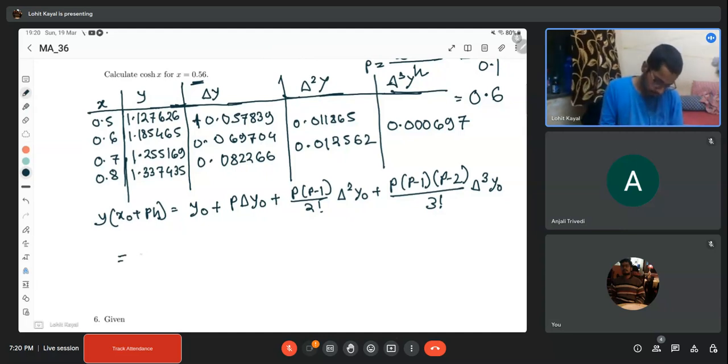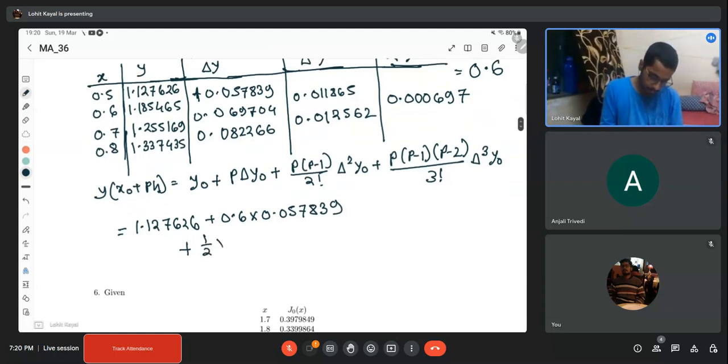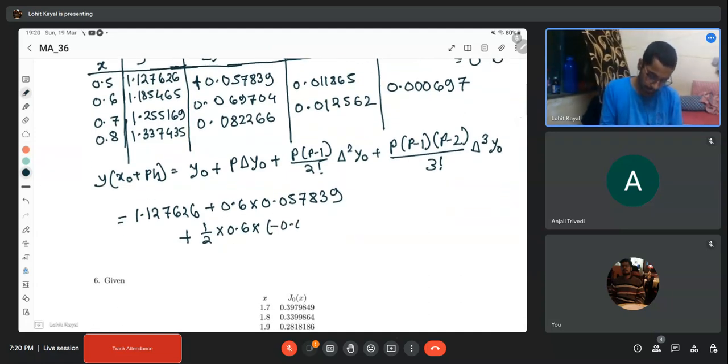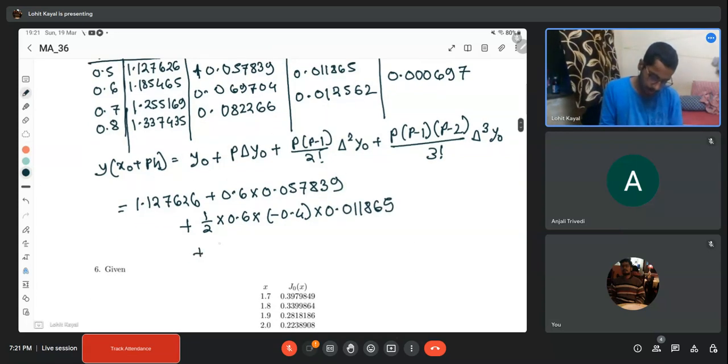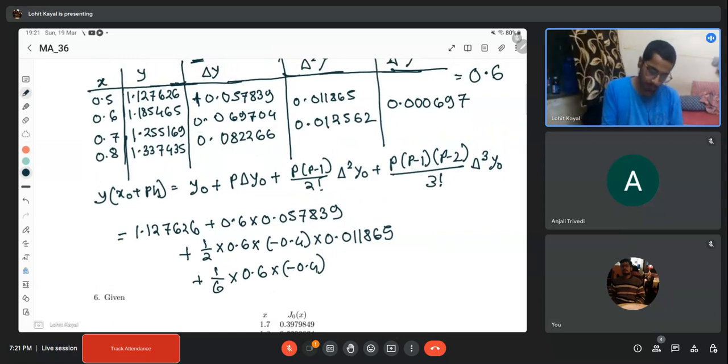So the first term is 1.127626. P is 0.6, 0.6 into 0.057839 plus 1 by 2 into 0.6 into (0.6 minus 1), that is minus 0.4, and your delta square y naught is 0.011865 plus 1 by 6 into 0.6 into minus 0.4, and what is 0.6 minus 2, that is minus 1.4, right?